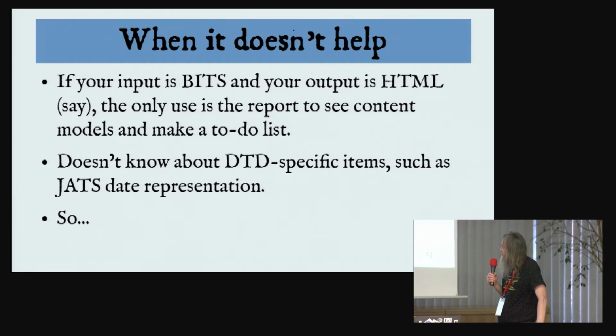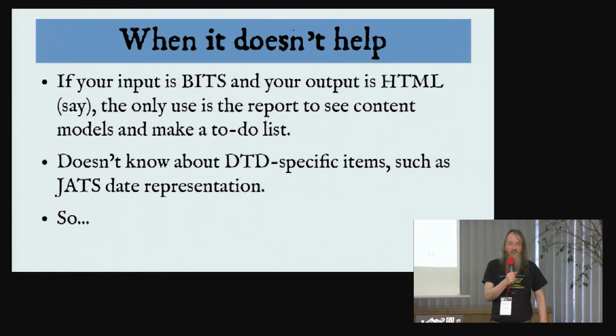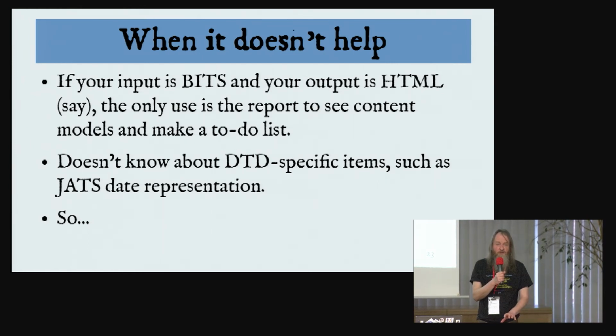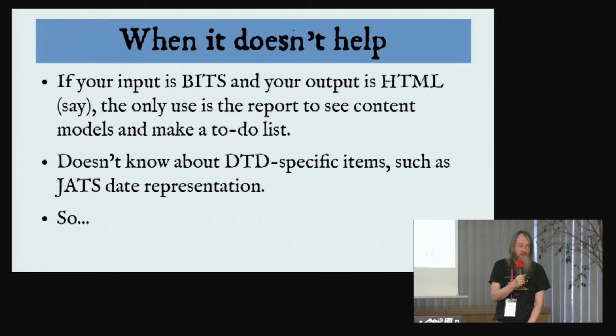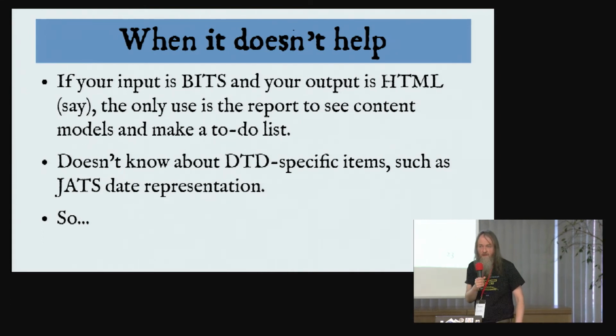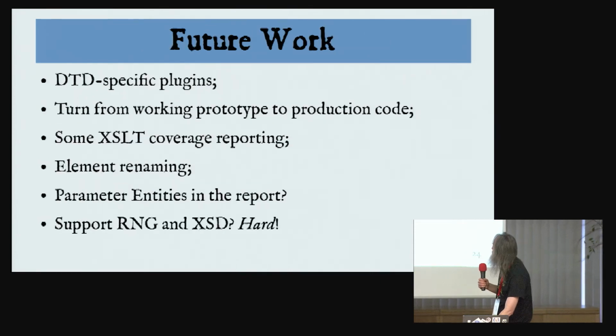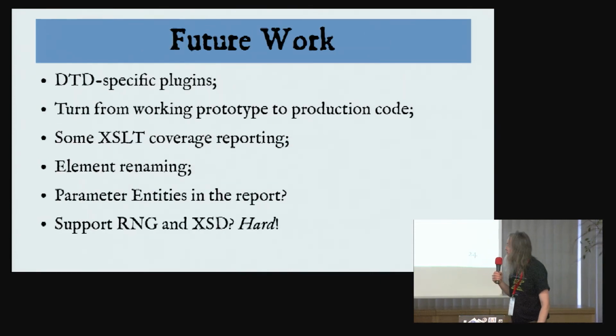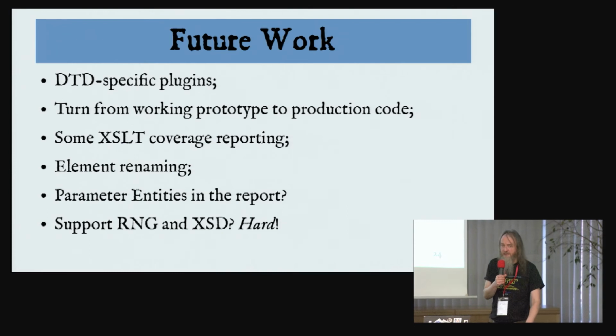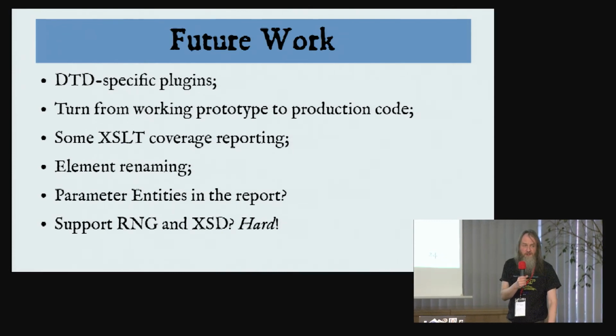And Eddy doesn't currently know about DTD-specific items. Different versions of JATS have different ways of representing dates, for example. And people going from different versions typically want them converted, but you wouldn't guess that from looking at the DTDs. So future work looks at DTD-specific plugins, such as JATS dates.